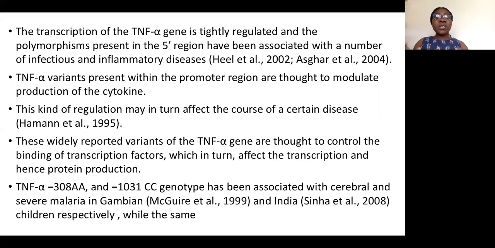Now, certain polymorphisms, which in other words we call single nucleotide polymorphisms, have been known to occur specifically at the 5' end and to impact the production of this cytokine, this TNF-alpha gene. Once there is the presence of this polymorphism, it instigates more or excessive production or expression of TNF-alpha.